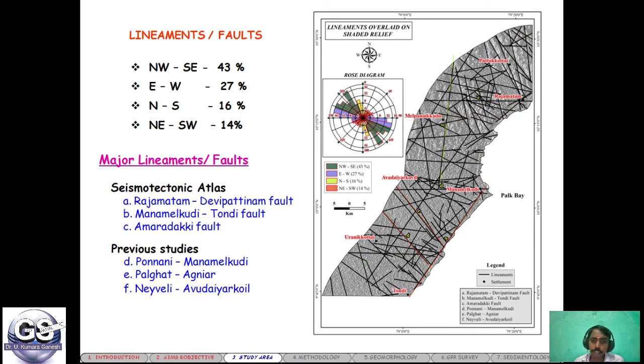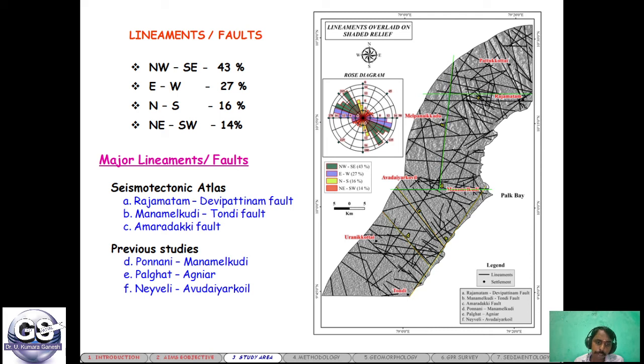To understand the tectonic fabric of this study area, a lineament map was prepared. Initially, satellite data was used for extraction of lineaments. The major faults noticed in seismotectonic and previous studies were also included within the prepared lineaments.